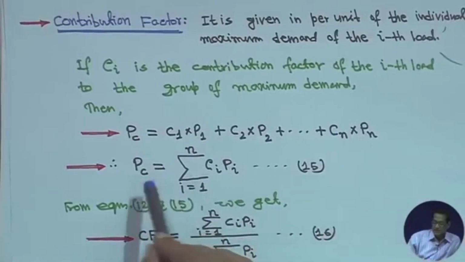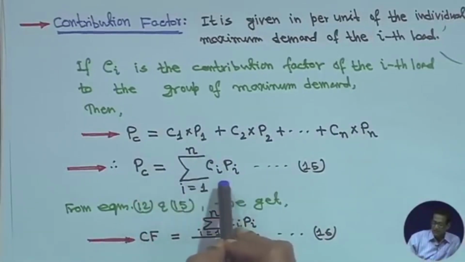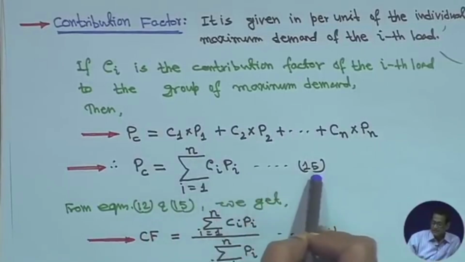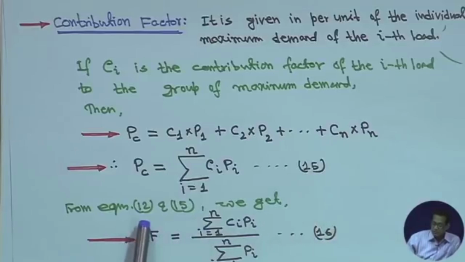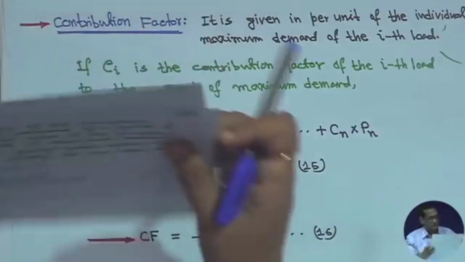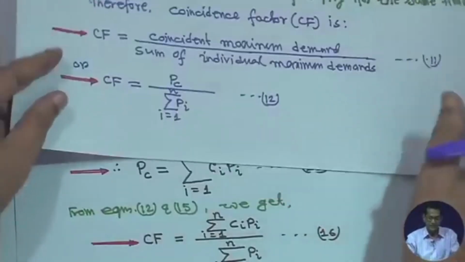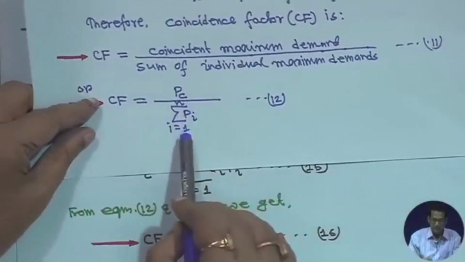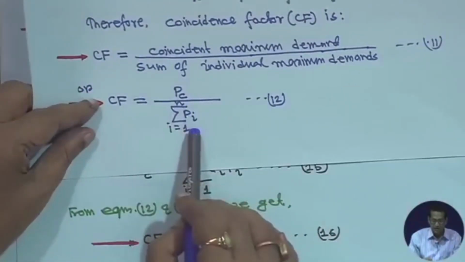That means Pc is equal to sigma i equals 1 to n Ci Pi. This is equation number 15. From equations 12 and 15, equation 12 is Pc upon sigma i equals 1 to n Pi.